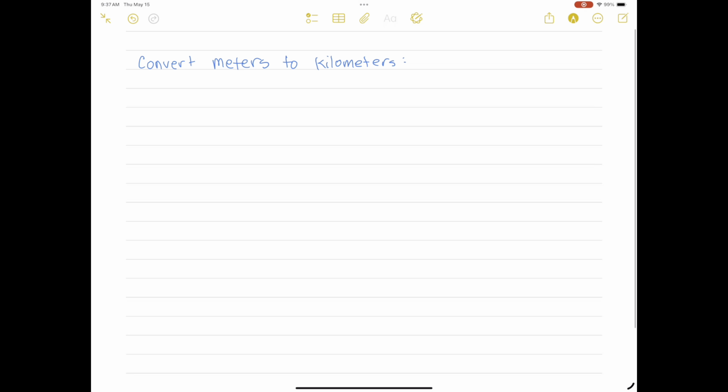Using units can also help you with conversions in the metric system. If you were to convert 675 meters to kilometers, for example, you would multiply 675 meters over 1 times 1 kilometer per 1,000 meters.